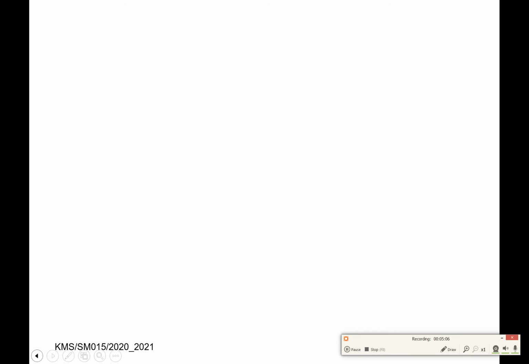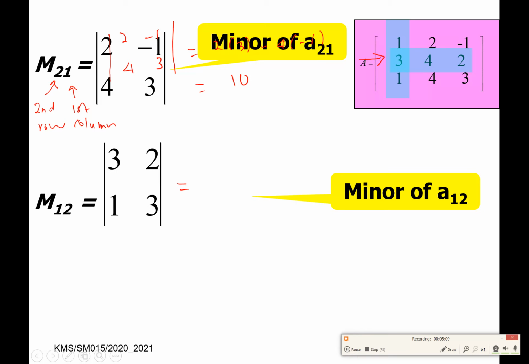From here it is 3 times 3 minus 2 times 1, so it is 9 minus 2, which is 7. So minor 2, 1 is 10, minor 1, 2 is 7, and minor 1, 1 is 4. Okay, so these are the minors.